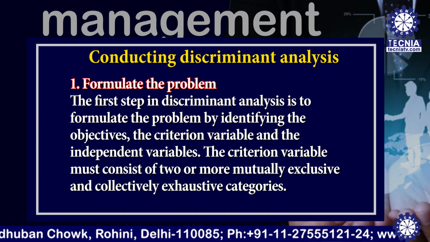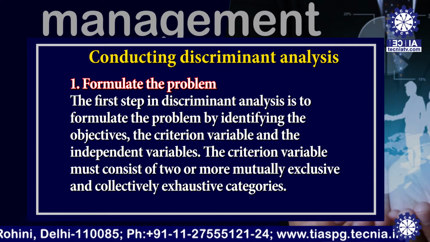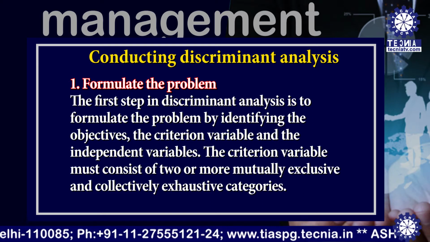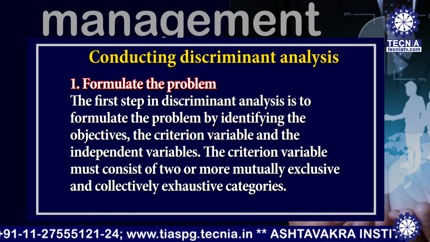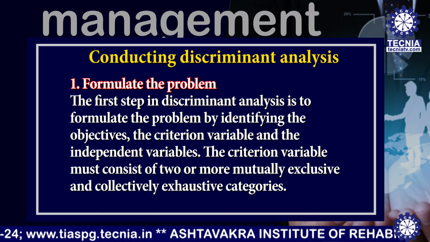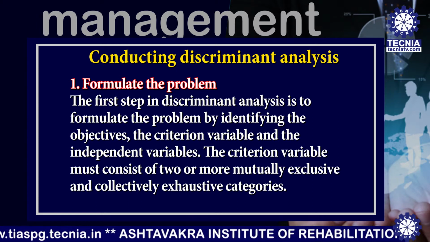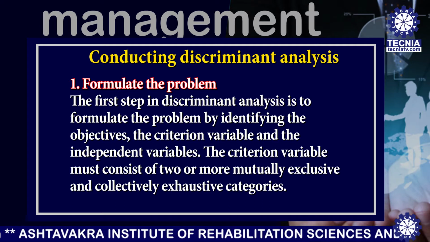The first step in discriminant analysis is to formulate the problem by identifying the objectives, the criteria variable, and the independent variables. The criteria variable must consist of two or more mutually exclusive and collectively exhaustive categories.